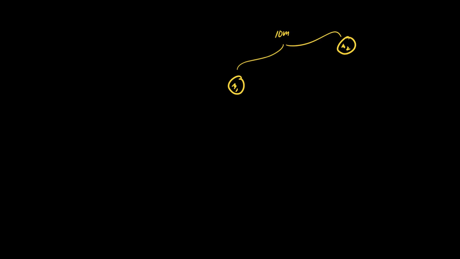How far apart should they be placed? I'll say again. I have two objects, M1, M2, separated by 10 meters. I would like to reduce the force by a factor of 4. How far apart should they be placed? Give it a try.